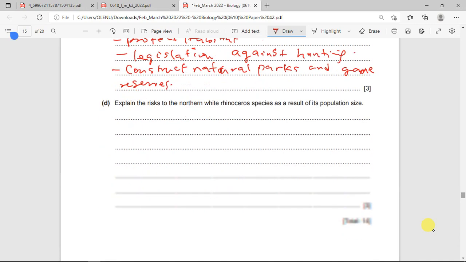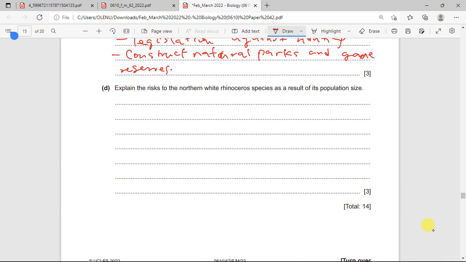Now, the next, I said, explain the risk to the northern white rhinoceros species as a result of its population size. If you look at the population size at 2000, that decreases to approximately 2 based on the graph, and the risk will be that there will be risk of extinction, and if it gets extinct, it will decrease biodiversity.